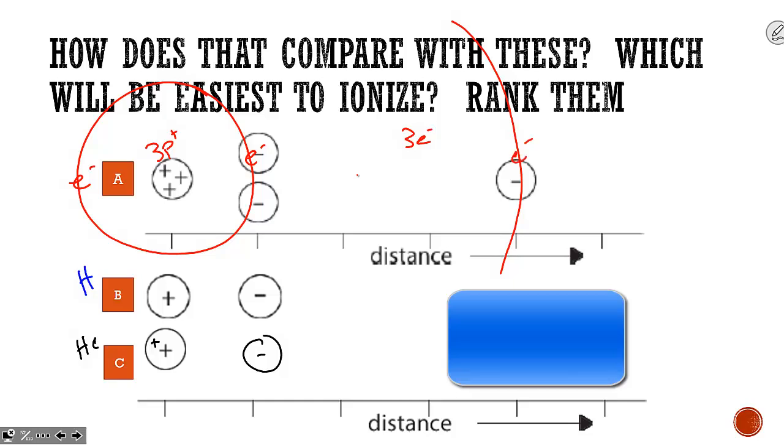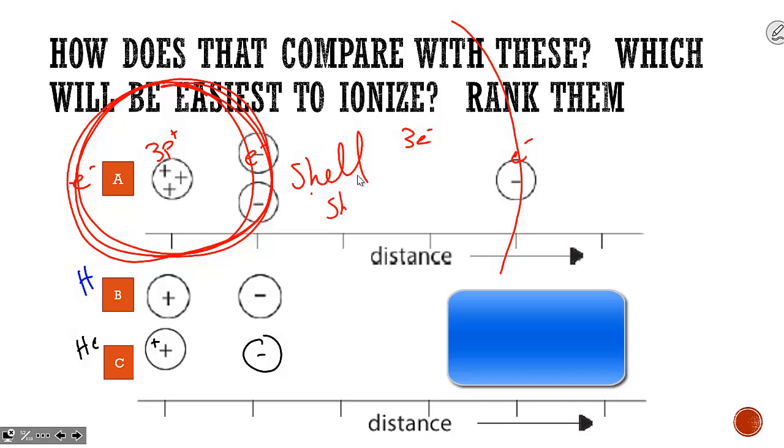That electron on the outside is much further away because these electrons around the nucleus form a shell, and they shield the nucleus from outside electrons. So again, when we say we want to ionize something, that means we're going to remove an electron.